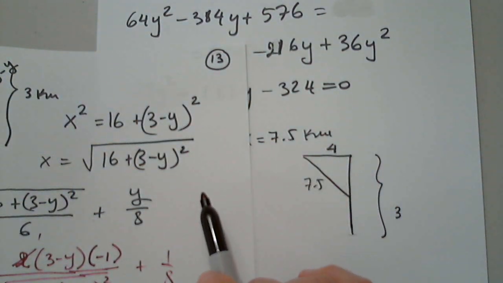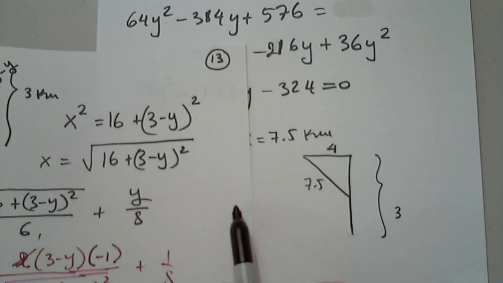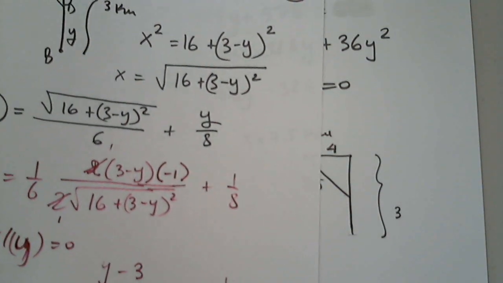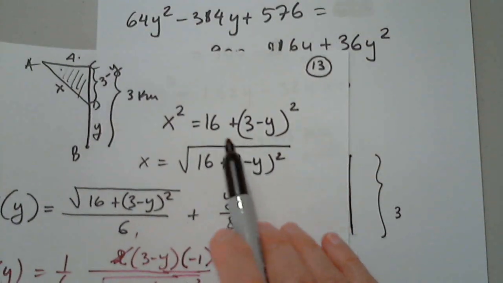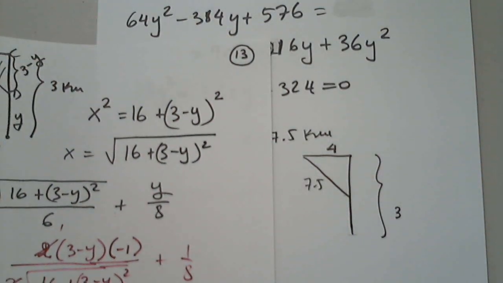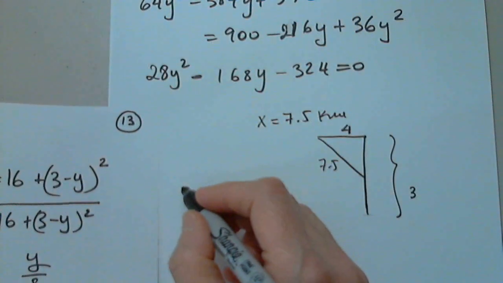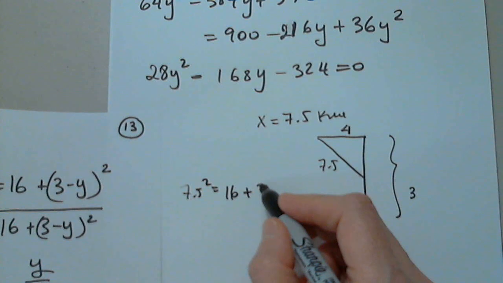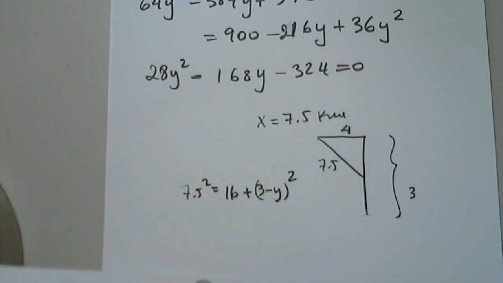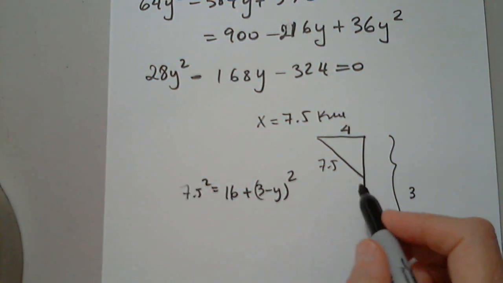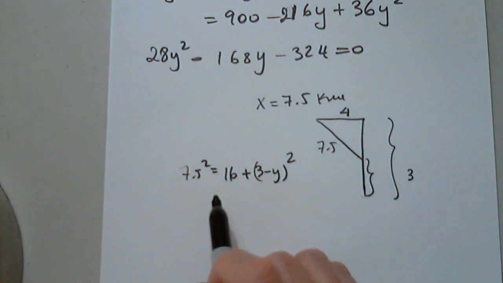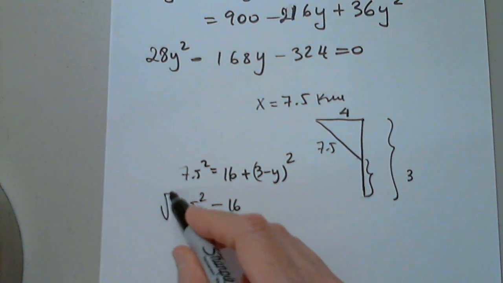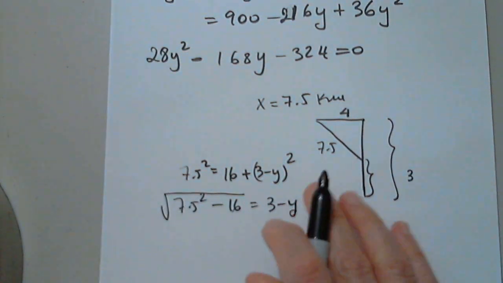So let me find y. If x squared, 7.5 squared equals 16 plus 3 minus y squared. I want to find y. So 7.5 squared minus 16, and I take the square root to get 3 minus y.